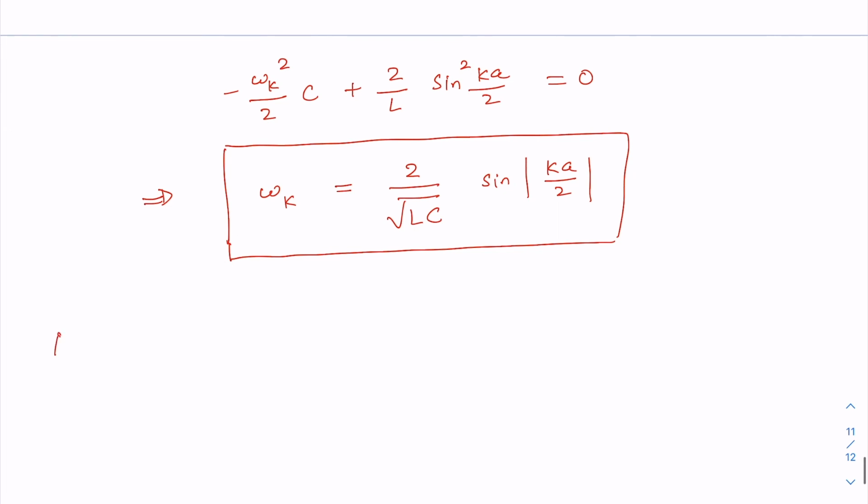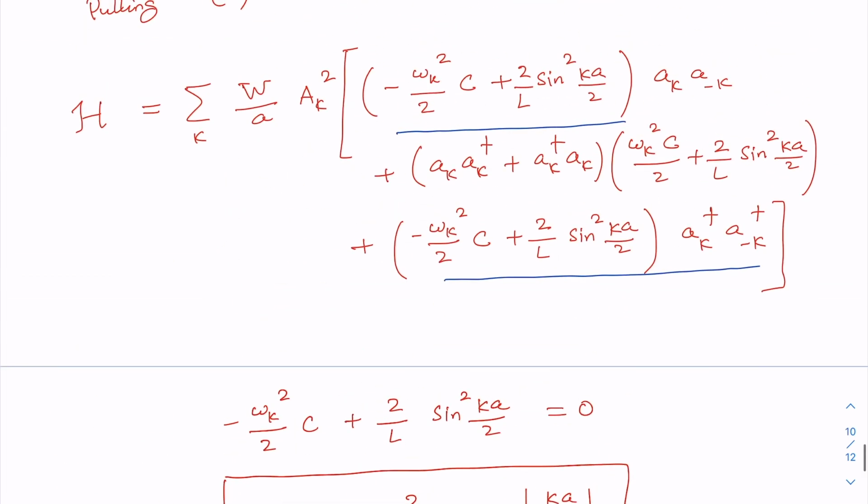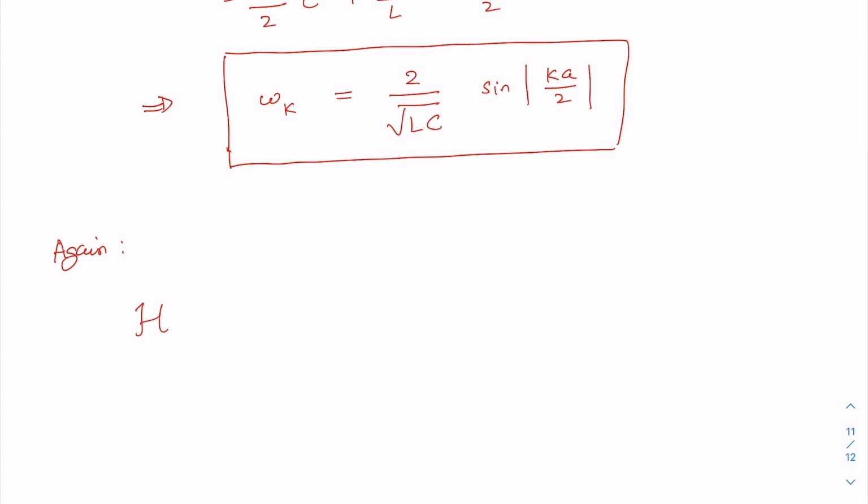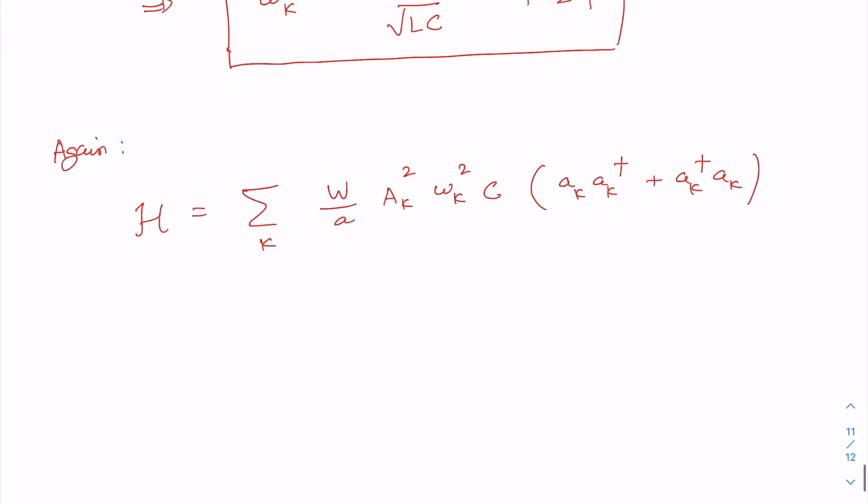Now again let me quickly show you, because now these two terms are 0, these two terms are not there, so we can write our Hamiltonian as sum over k W by a ak square omega k square into C, and here I have ak dagger plus ak dagger ak, which further I can write as summation over k W by a ak square omega k square C into twice ak dagger ak plus 1.